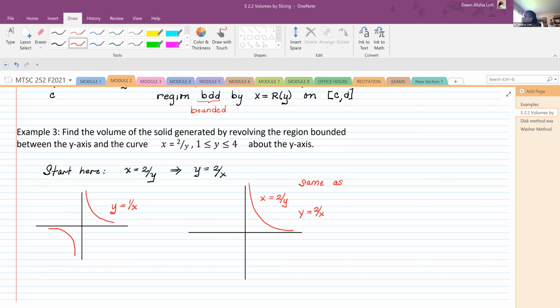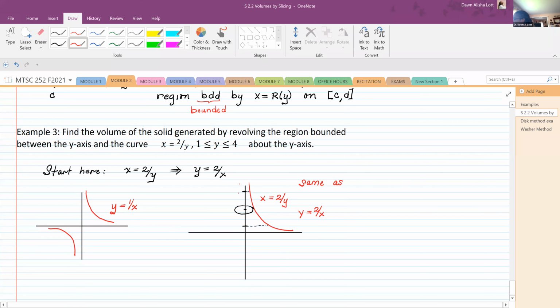Okay. And it tells me between y is equal to 1. So y is equal to 1 would be here, and y is equal to 4 would be up here. So this is my region. And then I'm going to choose a value of y. Revolve it. There's my disk.